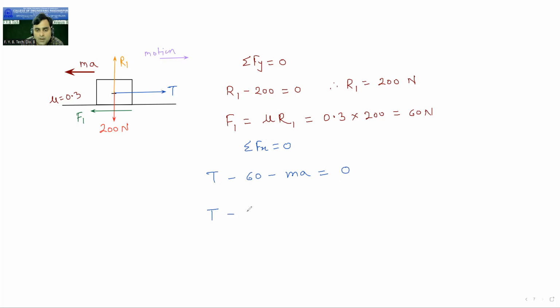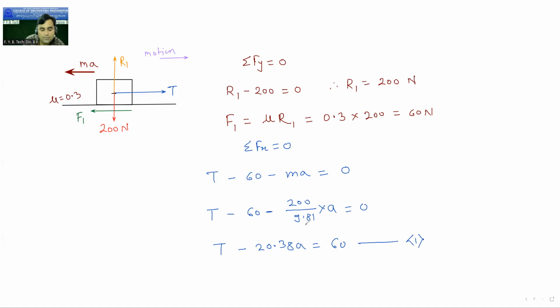So T minus 60 minus M, which is W by g, so 200 divided by 9.81 into A. So T minus 20.38 A is equal to 60. This is equation number 1.